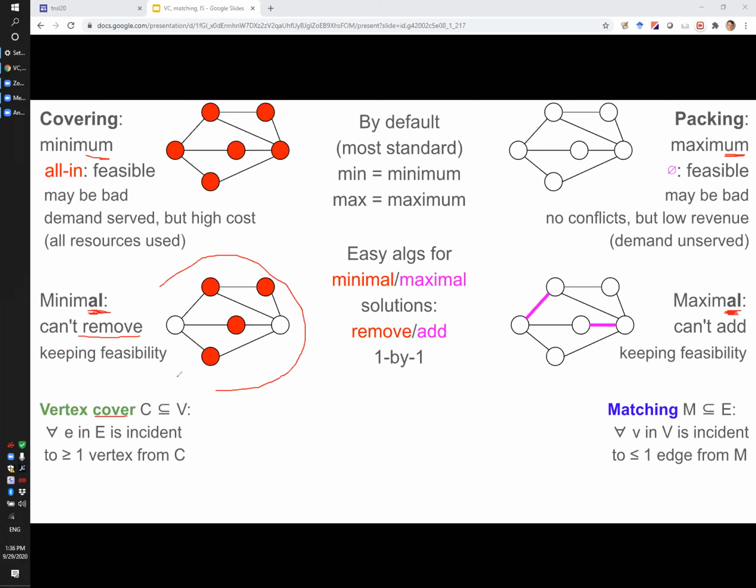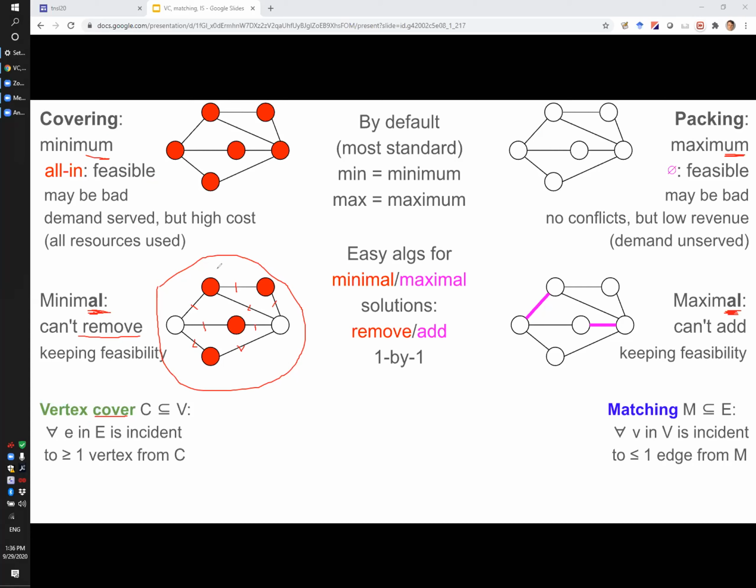So maybe the example tells you more than just the definition. On this example, these 4 red vertices are a vertex cover, right? You can check every edge is covered by at least one vertex. Check, check, check, check, check. So these 4 red vertices are a vertex cover.